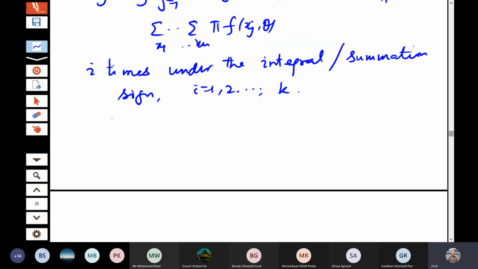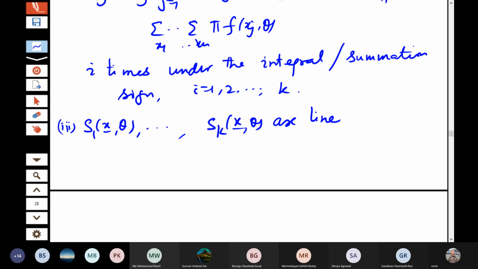And these terms that we will get after differentiation, S1(x, theta) and so on, Sk(x, theta), they are linearly independent.